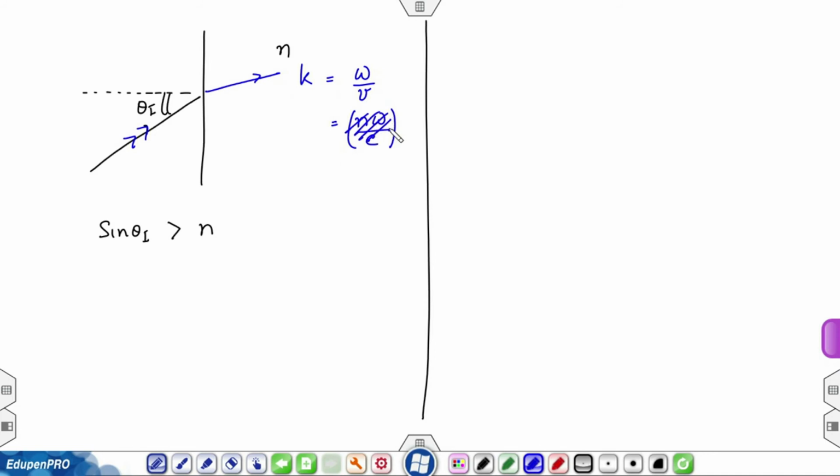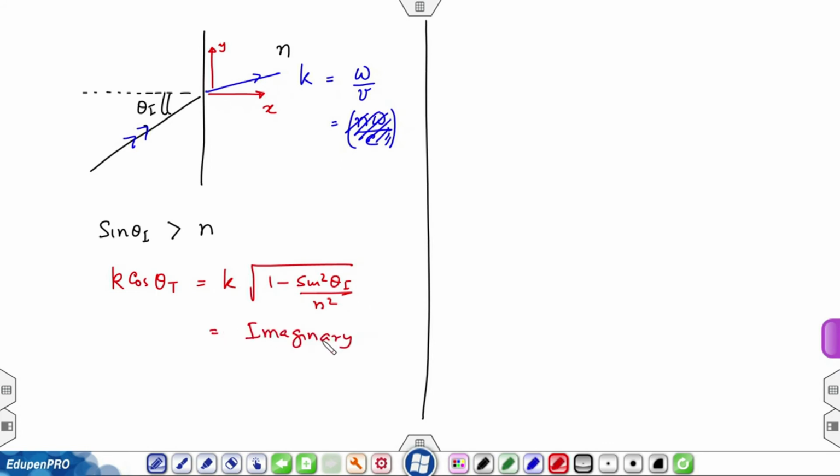So, we will just leave it as n over v. Now, this has two components. It has a component in the x direction and the other component, let us say this is the y direction. So, k cosine of theta t, which is equal to k times the square root of 1 minus sine square theta I divided by n square, will become imaginary.